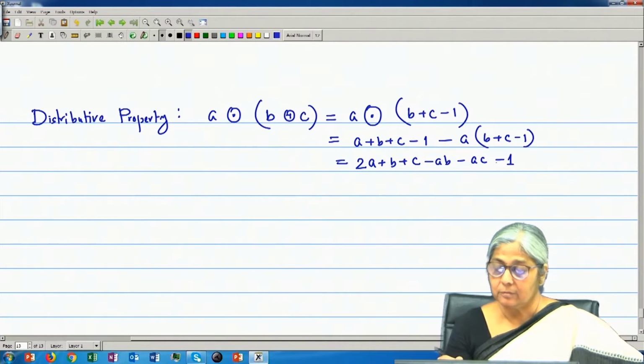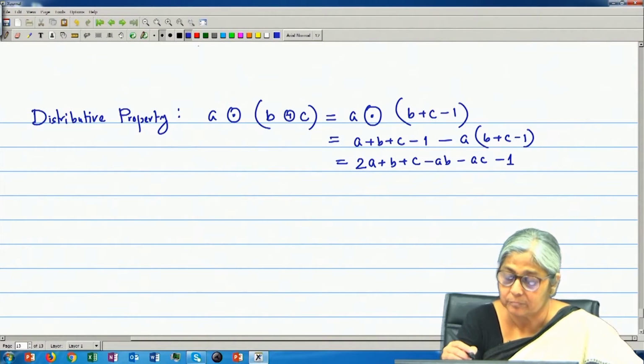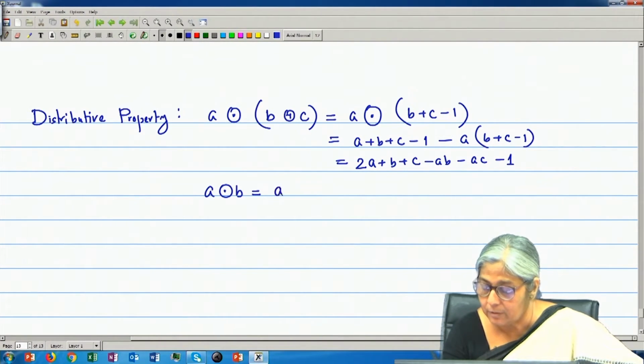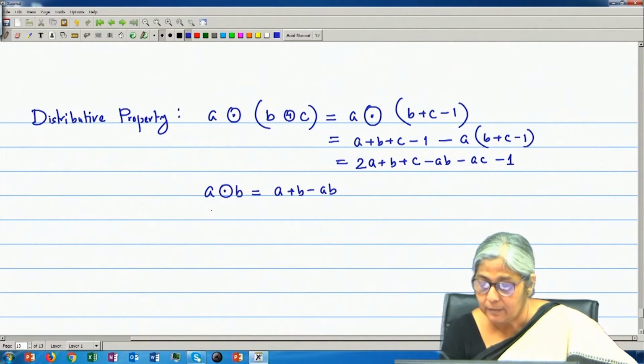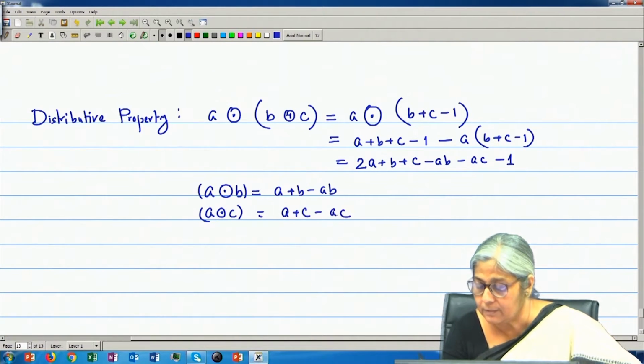Now, if we do A dot B, this becomes A plus B minus AB. If we take A dot C, then this becomes A plus C minus AC.